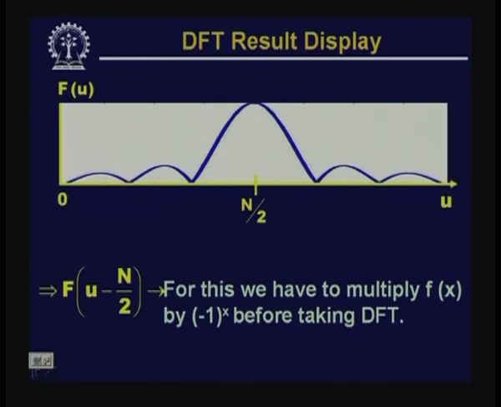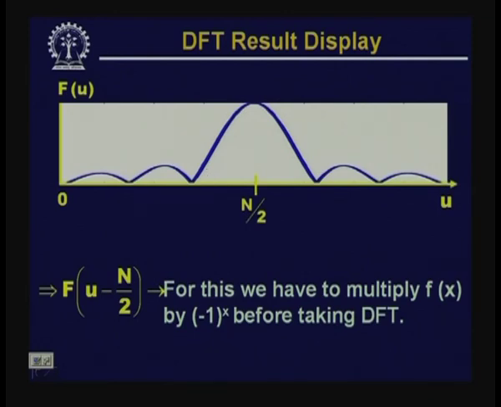Now, instead of considering the Fourier transformation F(u), we are considering the Fourier transformation F(u minus capital N by 2). For this displacement, we have to multiply f(x) by minus 1 to the power x.